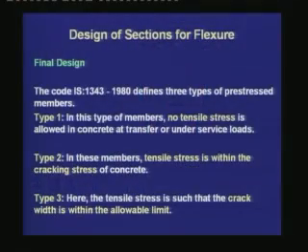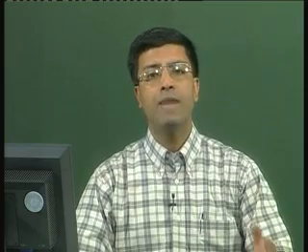Second, type 2: in this type of sections, tensile stress is limited within the cracking stress of concrete. That is, we do allow some tensile stress in the concrete, but we make sure that it is within the cracking stress, and hence this section remains uncracked under service loads.